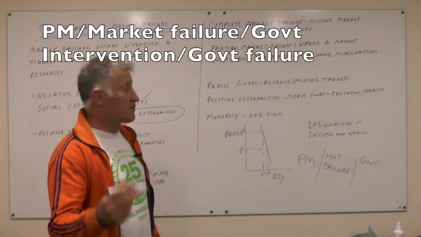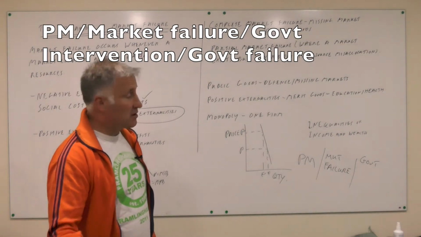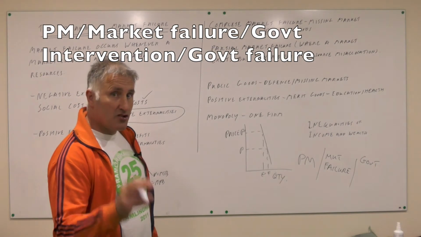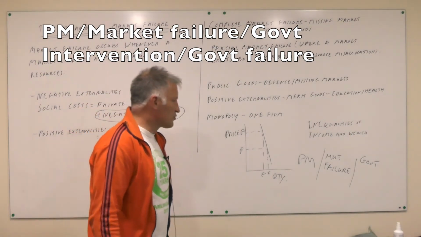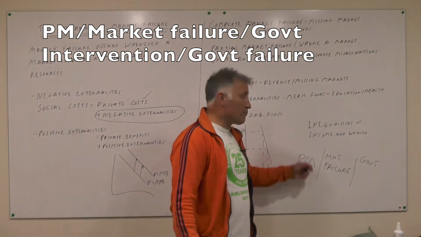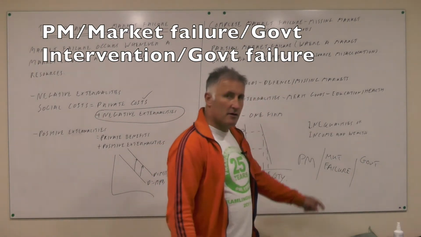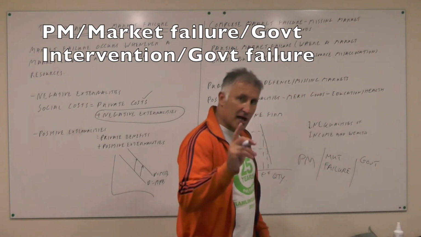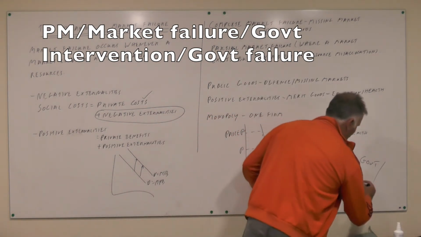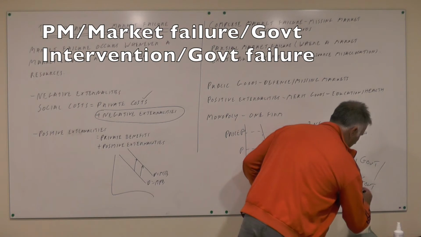And hopefully the government will intervene and make things better. But if it doesn't, then that is government failure. So you find a lot of essays, particularly on the AS course, which are to do with the price mechanism being pretty good at allocating resources. But there'll be market failure, therefore the government intervenes, and if they get it wrong, there is going to be government failure.